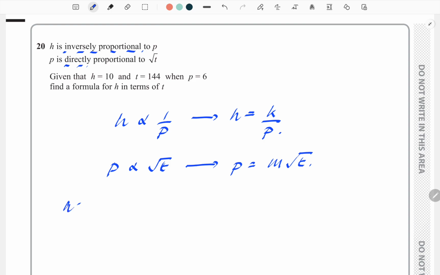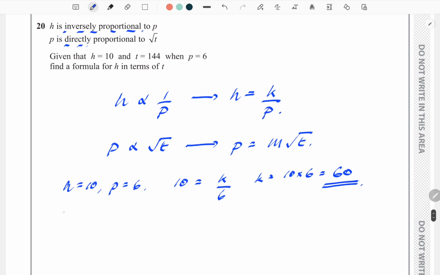When h equals 10, right, p is 6, therefore 10 equals k over 6, k equals 10 times 6, 60, all right, so we know that.